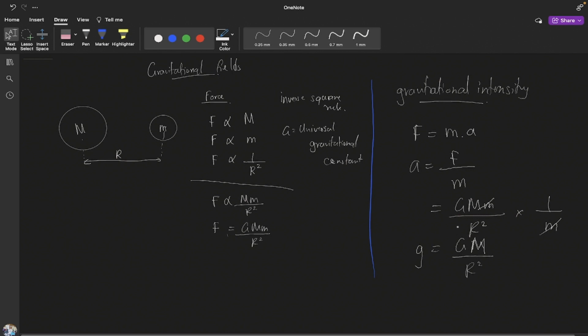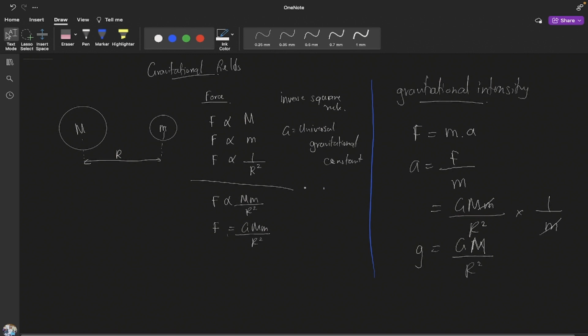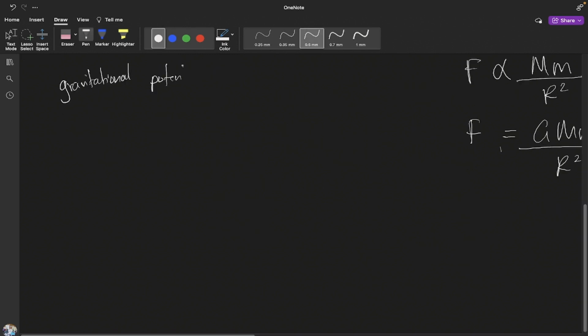Okay, so let's go to the other one. Next one is gravitational potential. This is the definition.